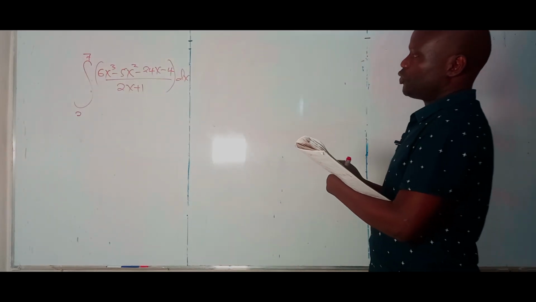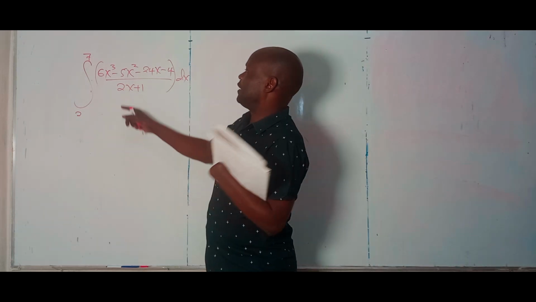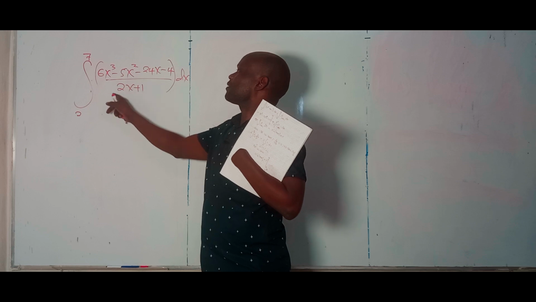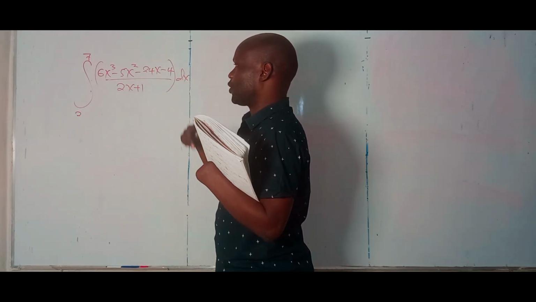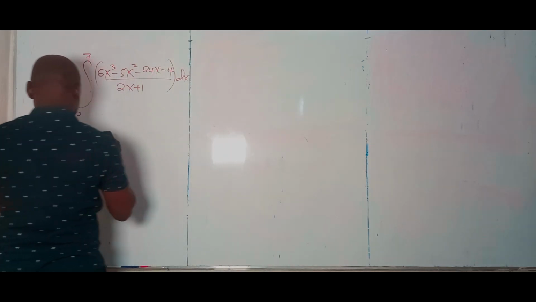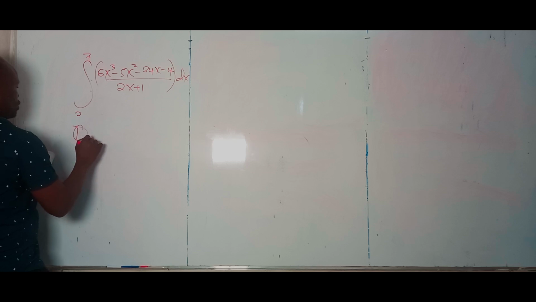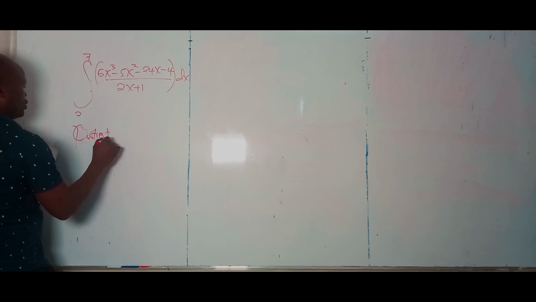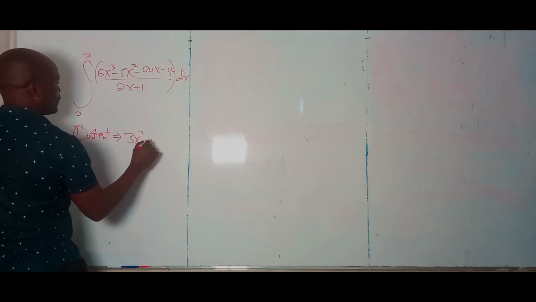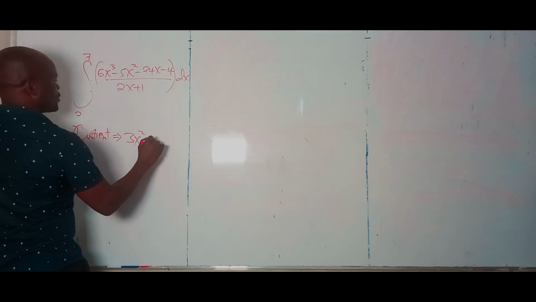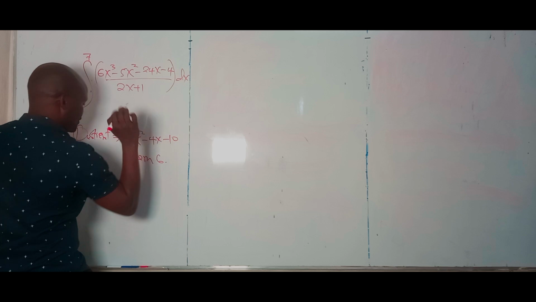First, what we should realize is that if you divide this by this, as in our polynomials question, we got the quotient 3x squared minus 4x minus 10, remainder 6.